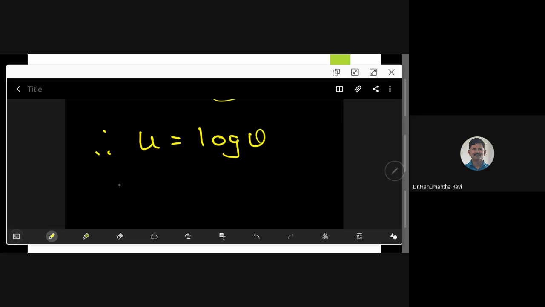That implies v is equal to e power u. But we know that v is a homogeneous function. So what can we say?